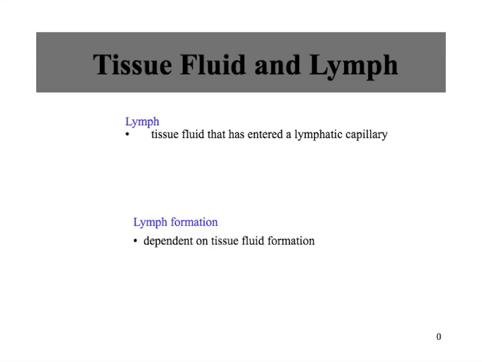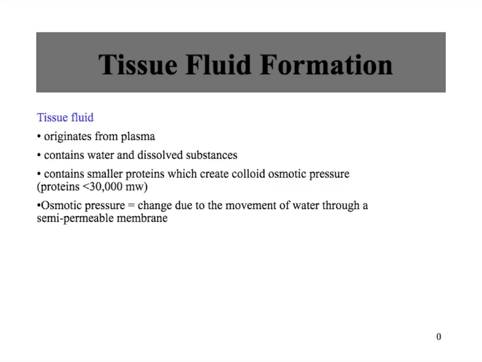We mentioned that this lymph is basically a plasma-like solution that contains mostly water, some dissolved minerals and such, very small proteins, and is formed from the pressure exerted on the walls of capillaries, with this interstitial fluid being picked up by these lymphatic capillaries. The formation of that lymph, though, is dependent on tissue fluid, which is where it's derived from.